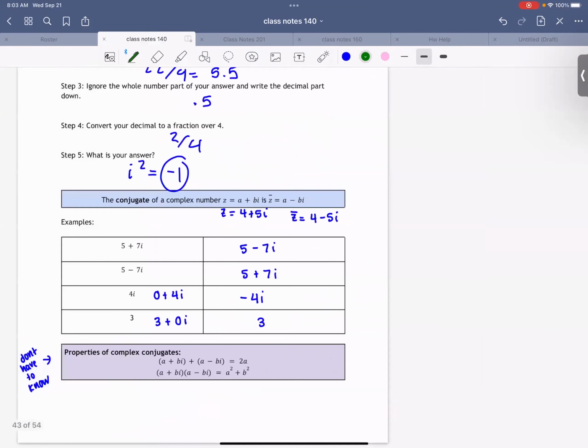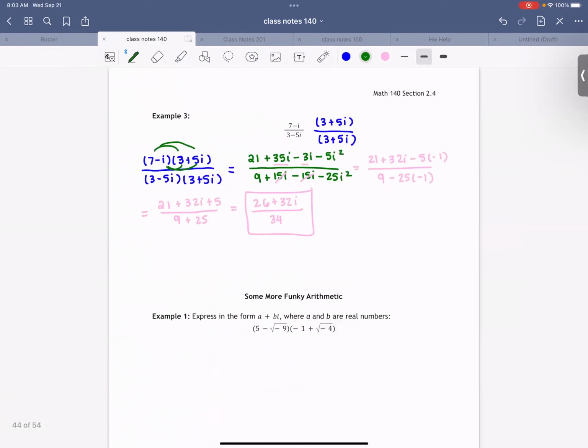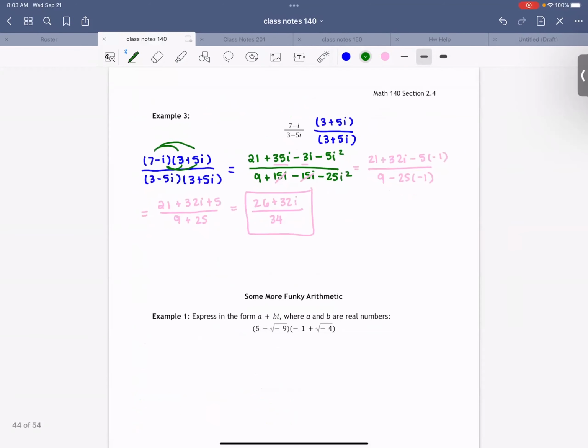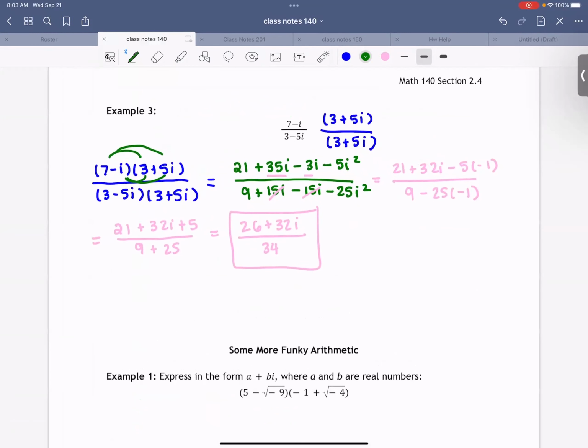And I think, let's see, where did we leave off here? I think we left off at example number 3, which I want to talk about really quick before we go on, because I got a question about the homework. There's something on the homework that looks like this, and you're asked to multiply by the complex conjugate, things like that. I think on WebAssign, on a test or quiz, I would be fine with this answer.